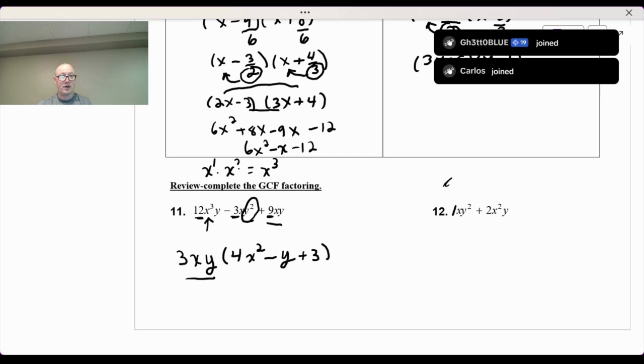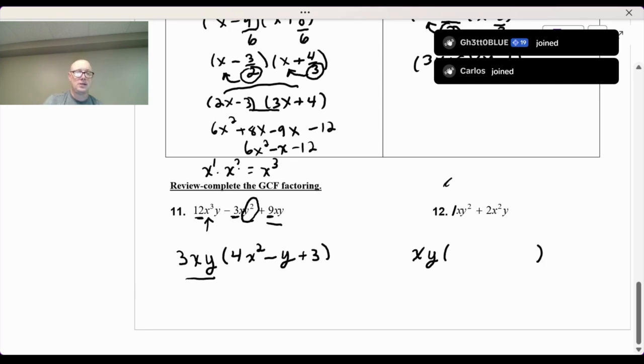I have an x to the first power and an x squared, so I can bring out the x. Now what about the y's? I have a y squared and I have a y, so I can bring out the lowest powered variable. The lowest power would be the y to the first power, so I can bring out a y. So I'm going to set up my parentheses here.